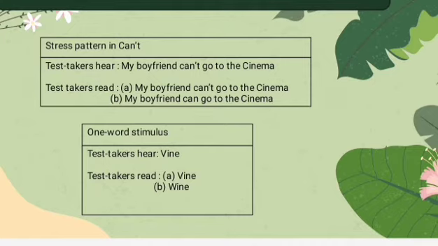The test taker should choose the word related to what they heard. So from all of these examples, the test taker must identify the choice that is appropriate to what they heard before.